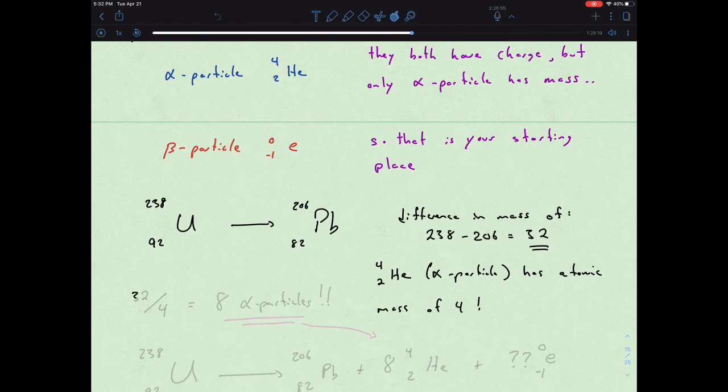So if I take my 32 and I divide by 4, I end up with 8 alpha particles.